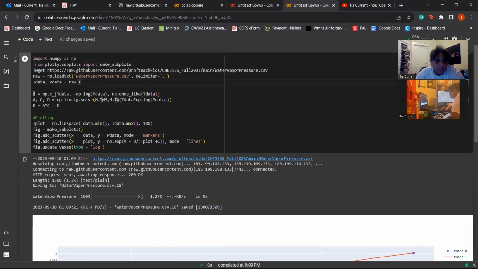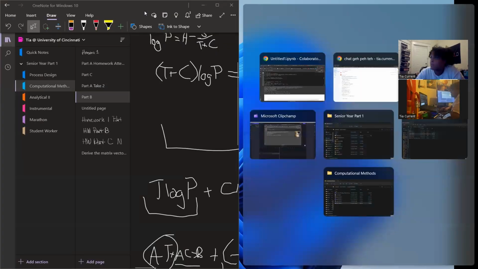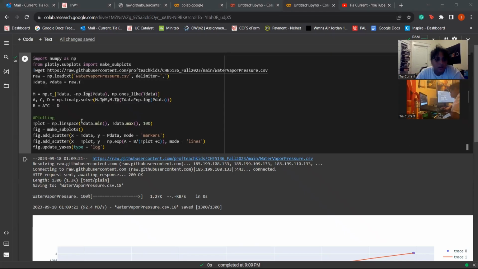And then you set up your design matrix, right? And so you have your T, your log P, and then your ones.